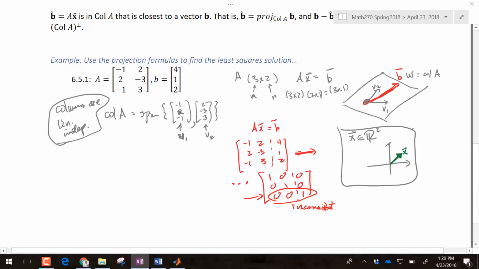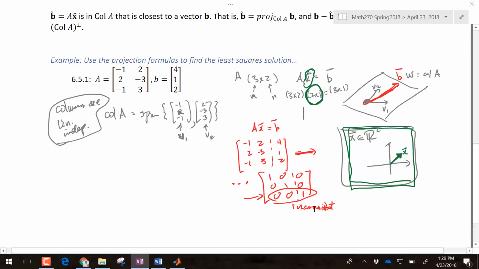I wanted to point that out because the solution to our least squares problem comes from this two-dimensional vector. This is the solution we're looking for, and you should know the dimensions of the solutions you're looking for. In this case, it's a two-dimensional solution.